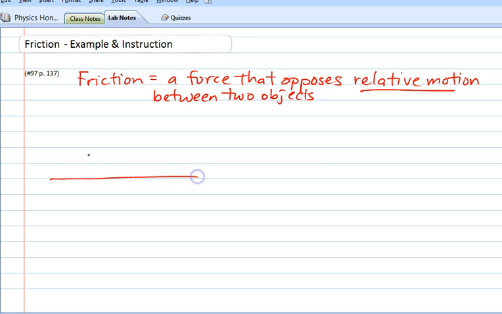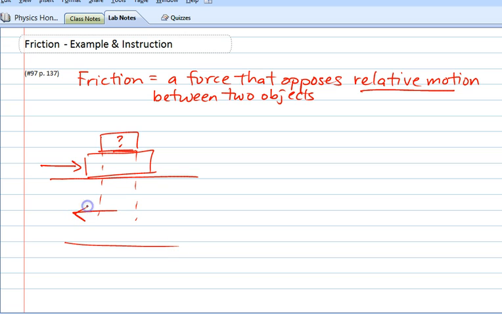Let's say you take a table and you take one book and a second book and you put it on top. Okay, so let's say that you give this bottom book a really good push. You're careful not to hit the top book, but you just push the bottom one. And assuming that you don't hit it too hard, but hard enough to get them moving, what happens to the top block compared to its starting location?